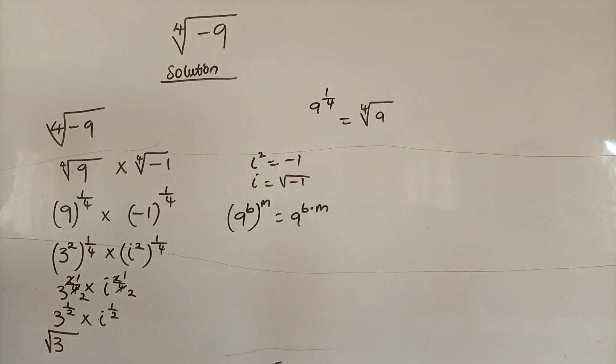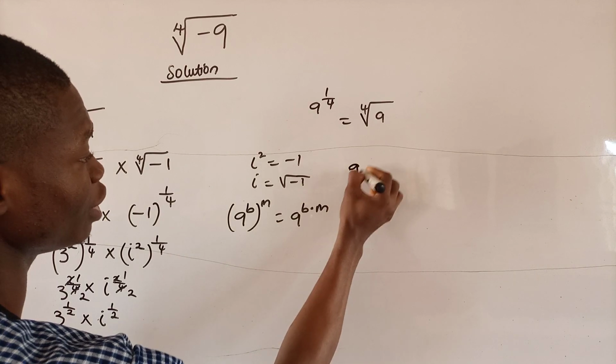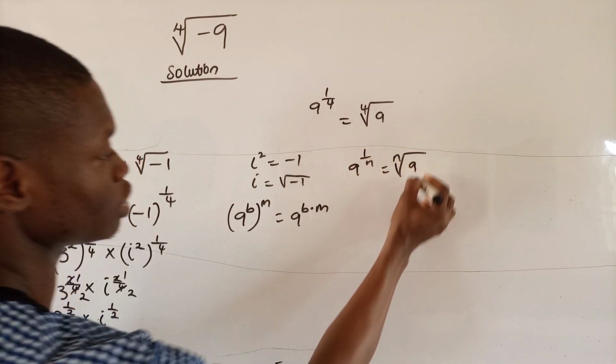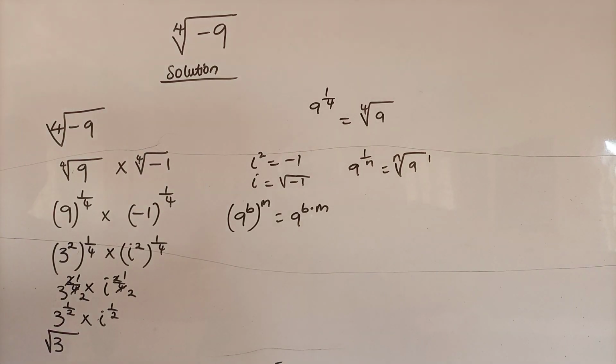Using fractional law 1: if you have a^(1/n), it is equal to the nth root of a raised to the power of 1. Fractional law 1. So I'm going to apply it here. Multiplying, can I write this one as the square root of i. So this is my answer.